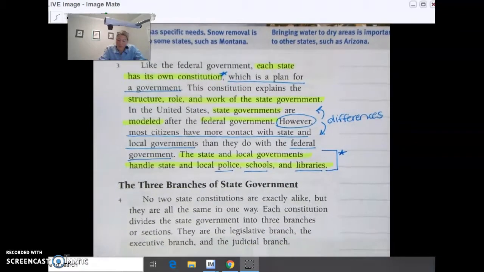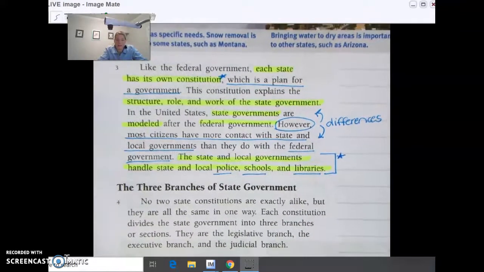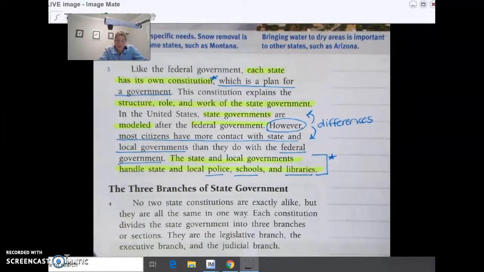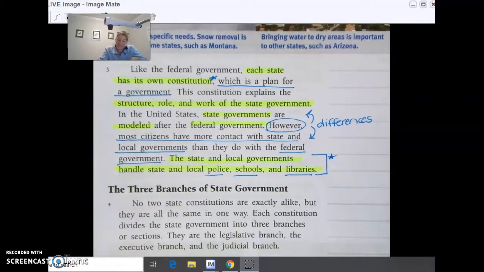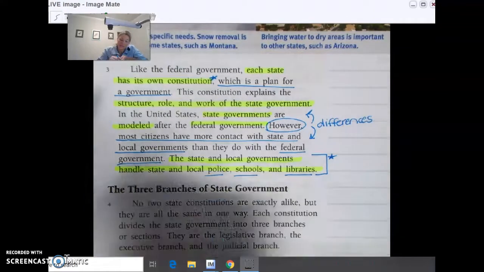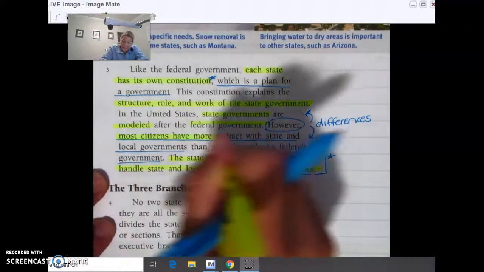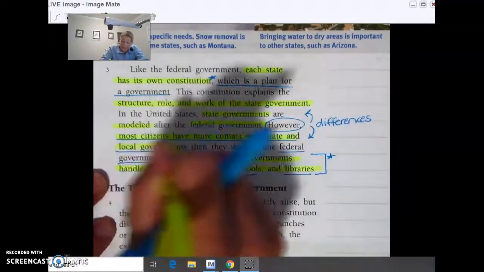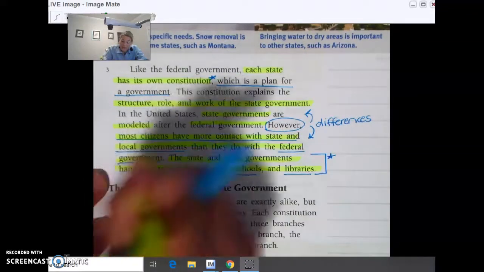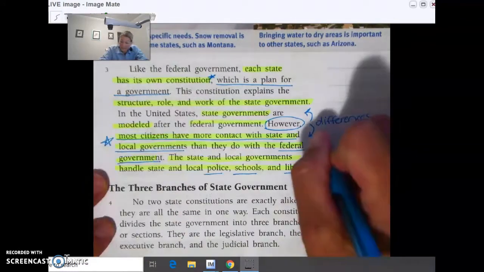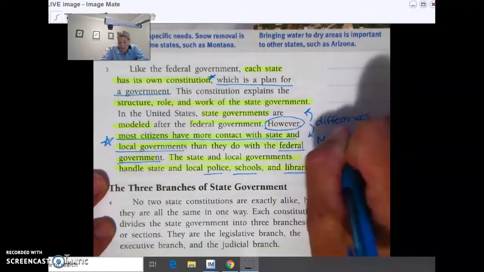So I want you to think about the main idea of paragraph 3. What do you think this paragraph was mostly about? Yeah, I think you're right. I think that mostly it's about the idea that we have more contact with state and local governments than with federal governments due to what they are in charge of.